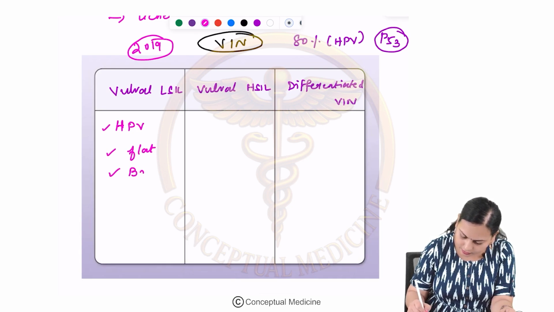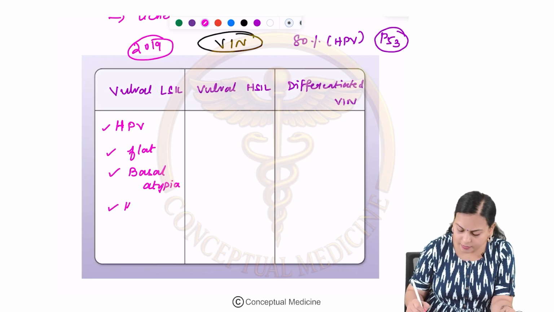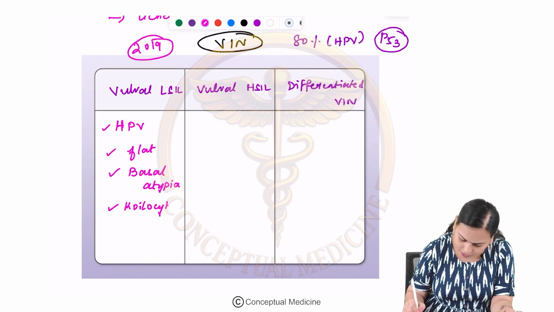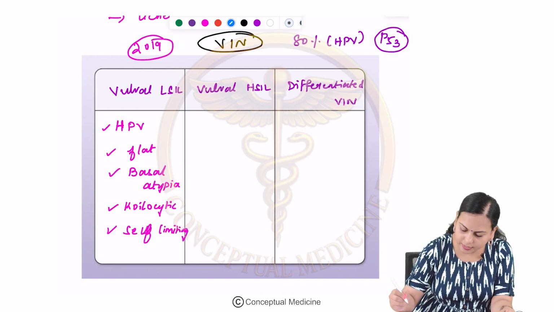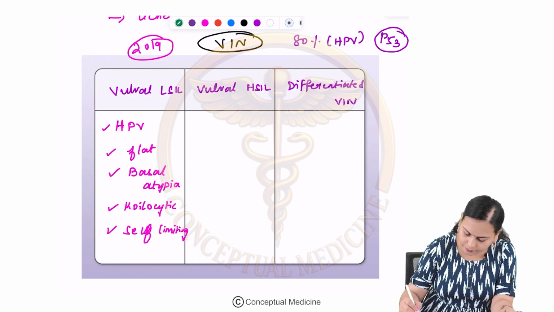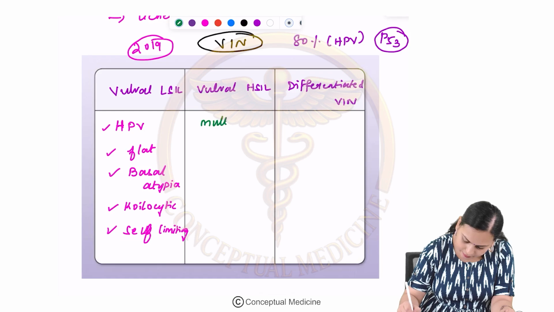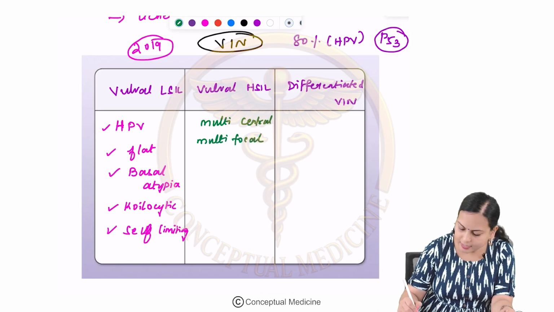Now, low grade squamous intraepithelial lesion is mostly an HPV infected lesion which presents as flat lesions with basal atypia. There will be koilocytic changes and it is a self-limiting condition. Whereas vulvar high grade squamous intraepithelial lesions are multicentric or multifocal lesions, mostly seen in young women.